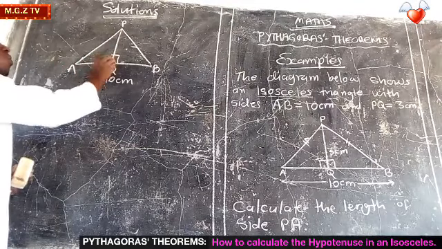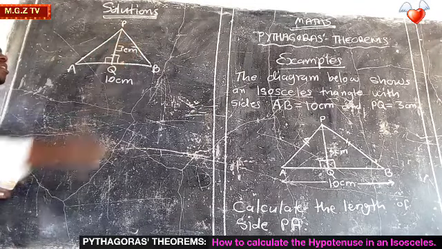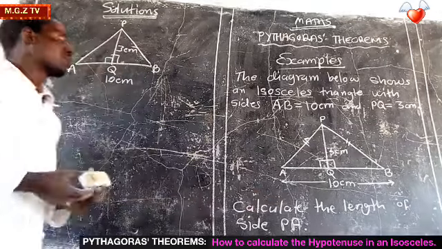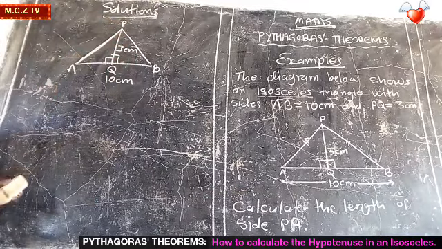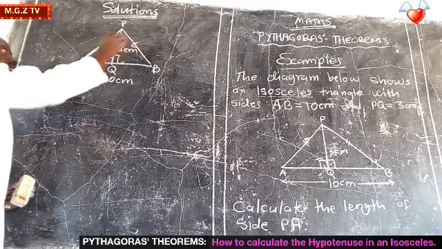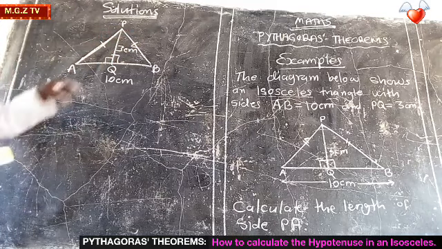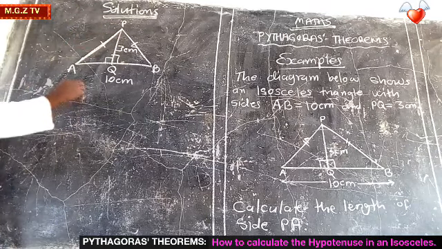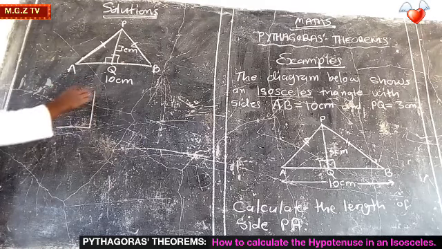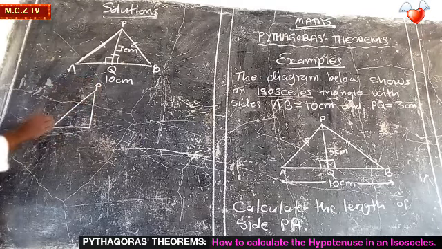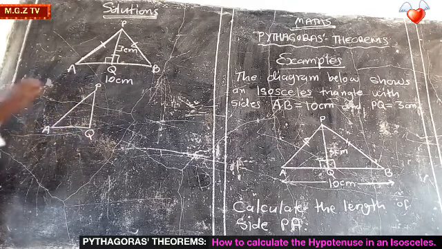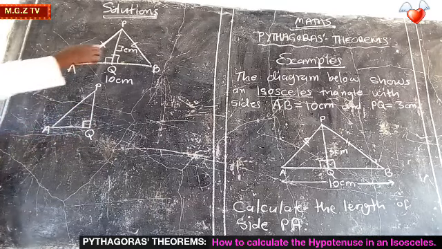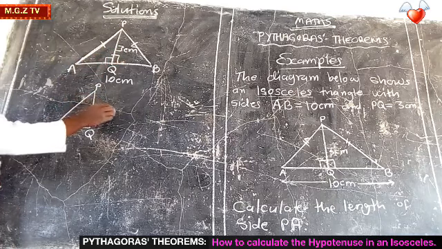What we have from Q to P is 3 centimeters. The question says find PA. Because this side and this side are same, what you do, divide this diagram into 2 parts. When you divide it, what you have is P, A, and Q. Then here, you have 90 degrees. The 3 will still remain there.